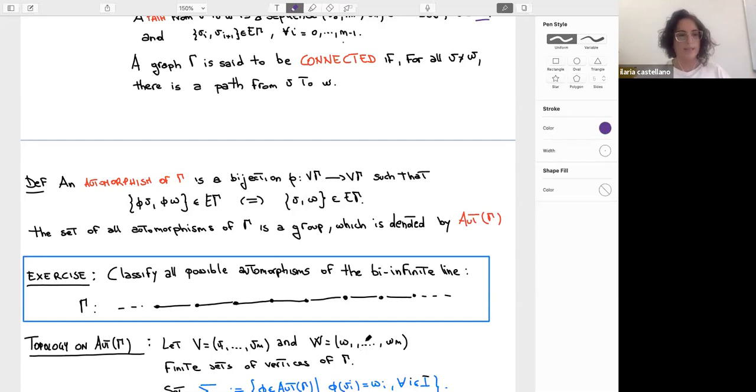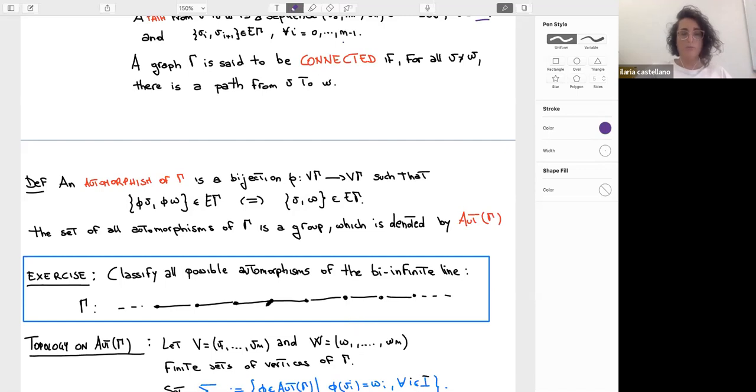Here you can see that there is another exercise for you. This graph gamma is called a bi-infinite line. It's quite intuitive why this is the name of this graph. And I'm asking you to, let's say, classify, or at least to have clear in your mind what can be all possible automorphisms of this graph.